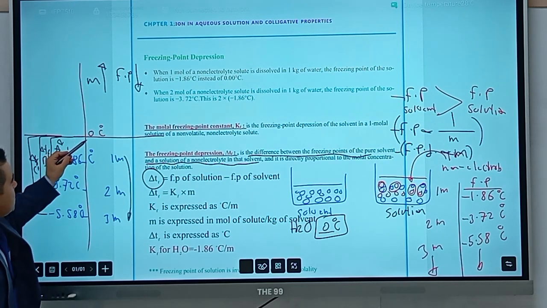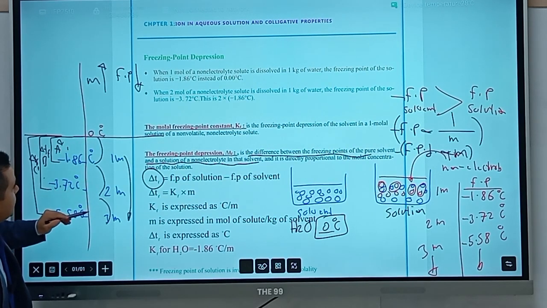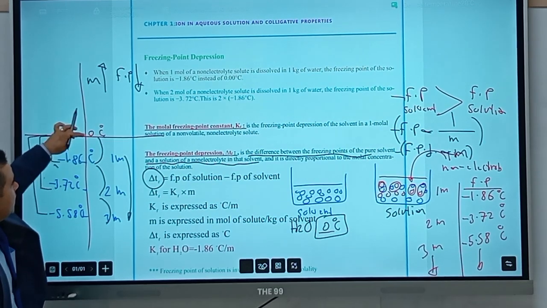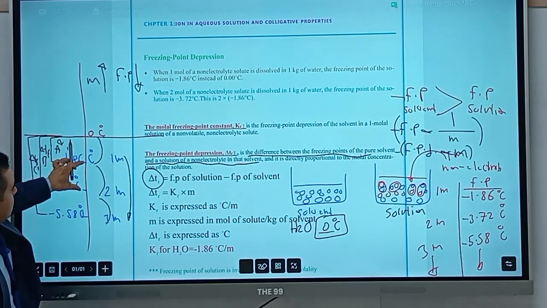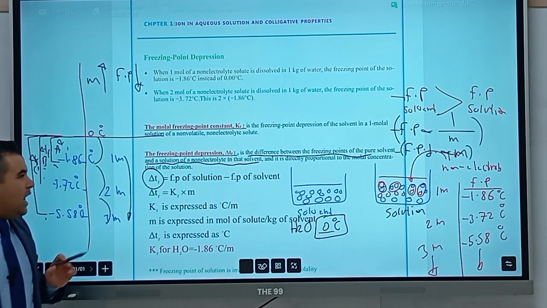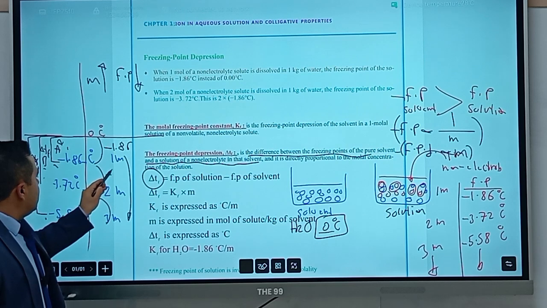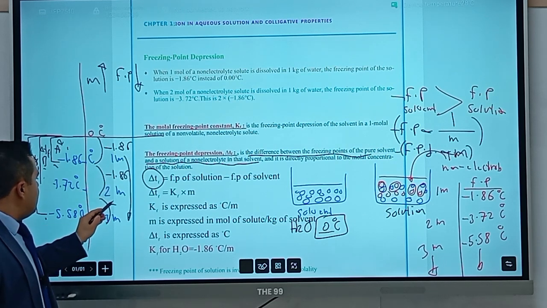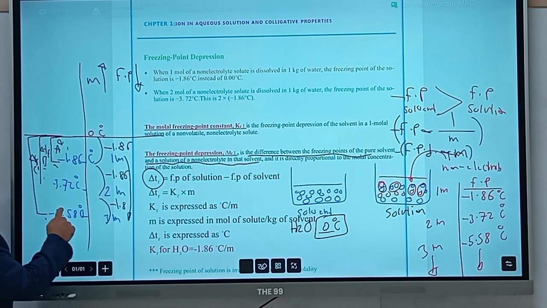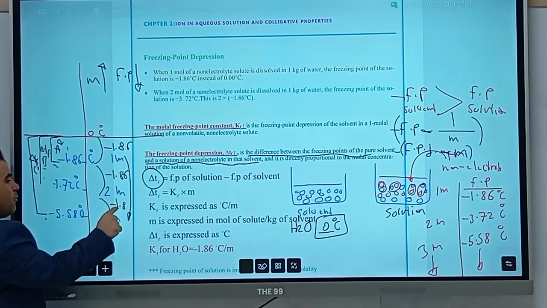You can notice, guys, for increasing one molality, the difference between each freezing point is equal, and for water it is minus 1.86, minus 1.86, minus 1.86. We mean minus 3.72 minus minus 5.58 results in minus 1.86.